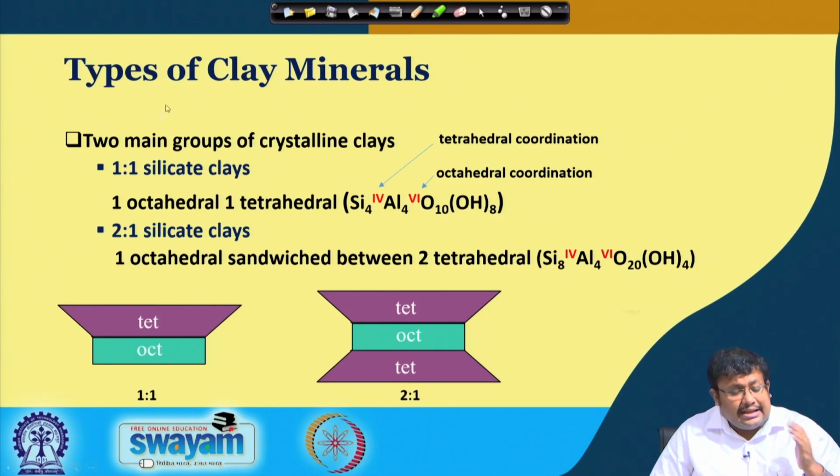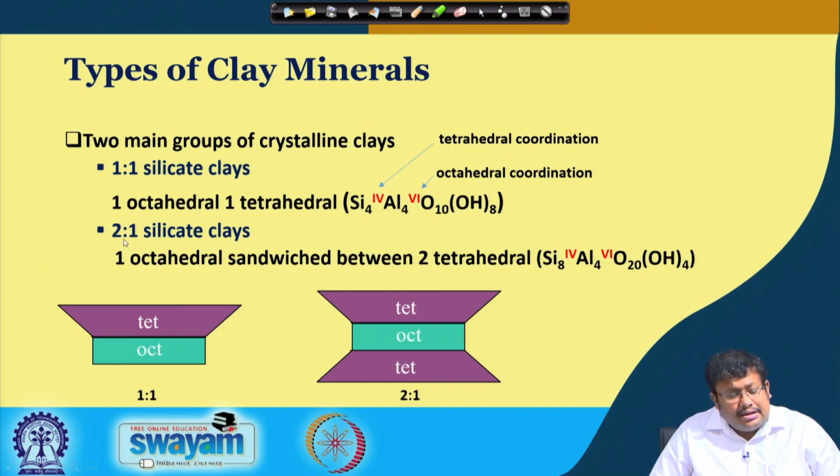So, let us first discuss the types of clay mineral. As you know, there are two main groups of crystalline clays. The 1:1 type of clay is composed of one octahedral and one tetrahedral sheet, and this is the structural formula, where the 4 denotes the tetrahedral coordination and the 6 denotes the 6-fold, or octahedral, coordination for aluminum.